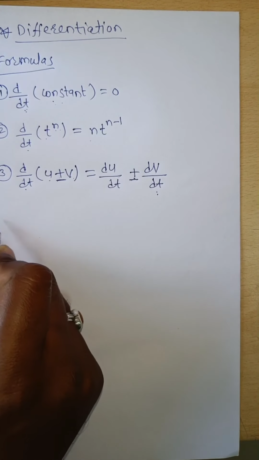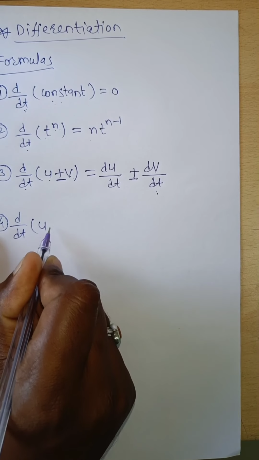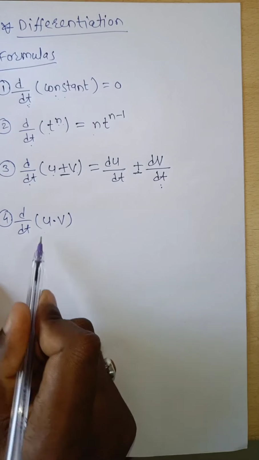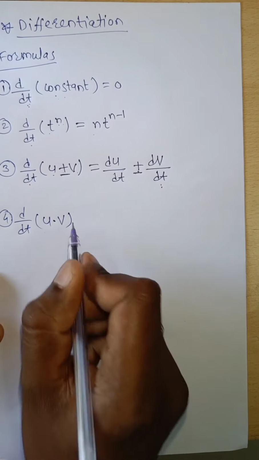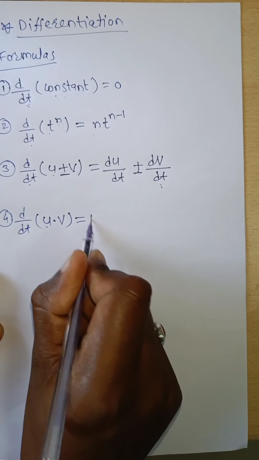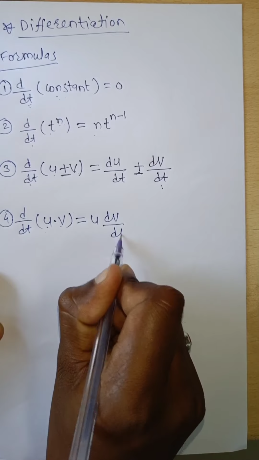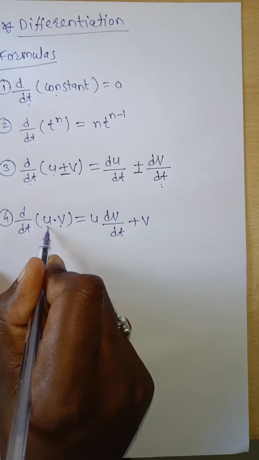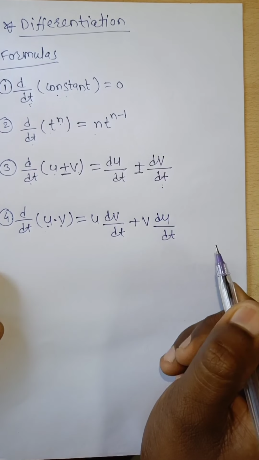Now the fourth formula: d by dt of u into v. If the two functions are in the form of multiplication, then their differentiation is the first function u into the differentiation of the second function dv by dt, plus the second function v into the differentiation of the first function du by dt.